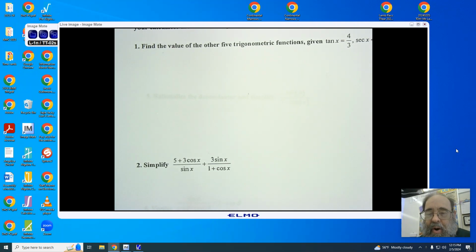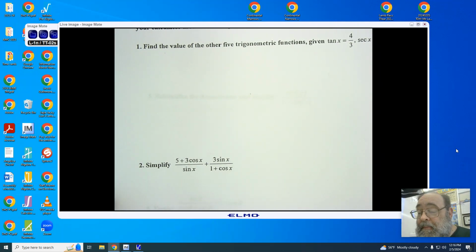I used the product to sum to product, and then I used a co-functional identity incorrectly. And using that co-functional identity incorrectly, I was unable to get the correct solution. I had called it a no solution, when instead it is indeed two solutions, 4 pi over 3 and 5 pi over 3, and I will be going through it in just a moment.